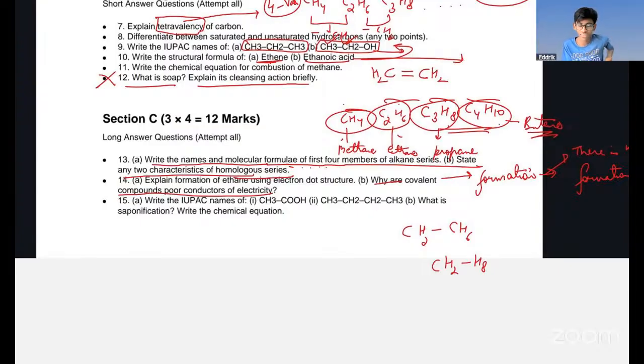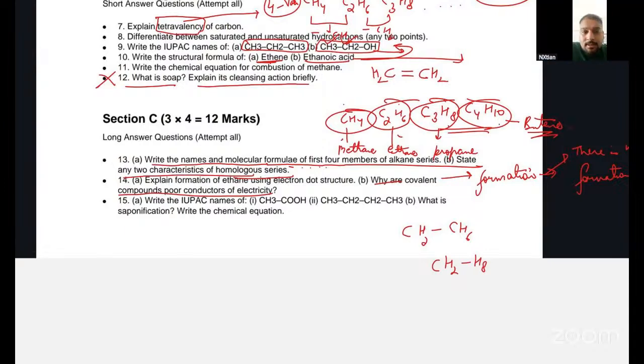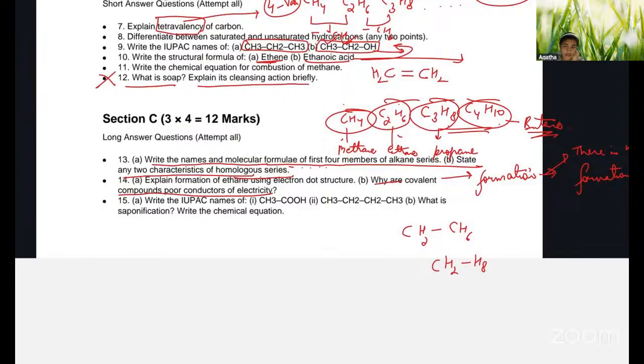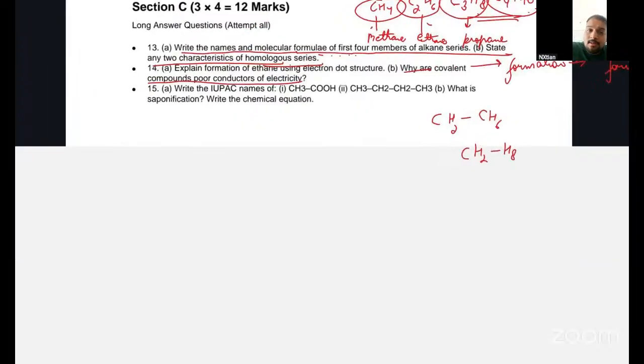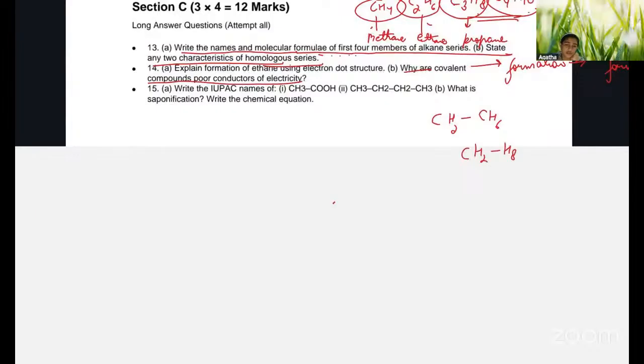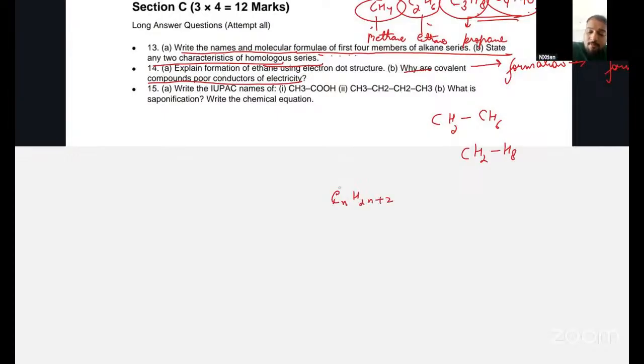Yes, Agatha, you're saying something. So the alkane group is CH4 and like that. What is the alkane formula? CnH2n plus 2, right? For the first four members, the first n value will be 1 and the second member will be 2.